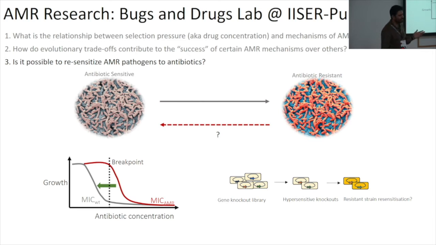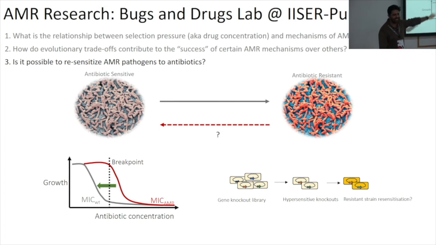What we're doing is a very simple experiment here. We start with gene knockouts in E. coli. We screen them for hypersensitive mutants, right? Not mutants that are more resistant than the wild type, but mutants that show lower resistance levels than the wild type. And then we simply bring them into resistant backgrounds and ask, can we reduce resistance levels and bring them to the left of the breakpoint? We don't stop here though, because we love evolution.